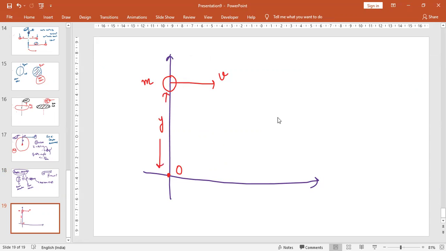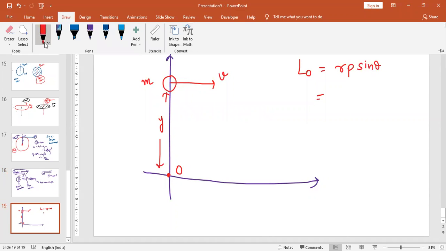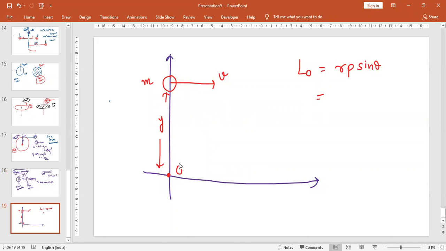My question is, what will be the angular momentum about the origin? Angular momentum is r p sine theta. Now how to calculate r, p, and theta? Remember, r is the distance between the point about which you are calculating angular momentum and the point at which the mass is. This distance is y, so r will be y.